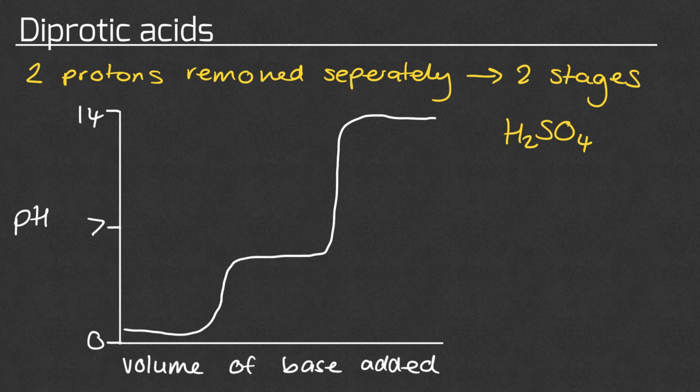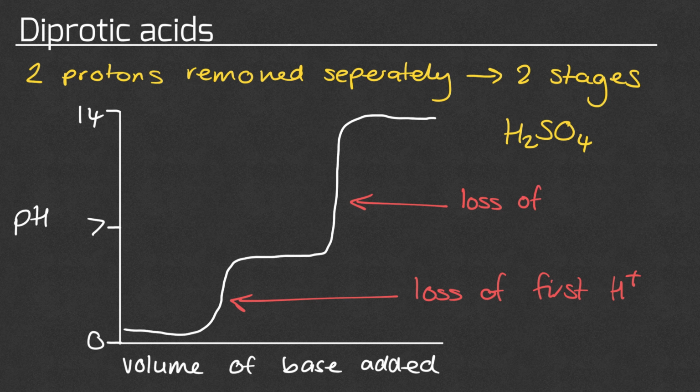You can see that this titration curve has 2 distinct equivalence points. Each of the protons are removed separately. So the first equivalence point represents the loss of the first hydrogen ion, and the second equivalence point represents the loss of the second hydrogen ion.